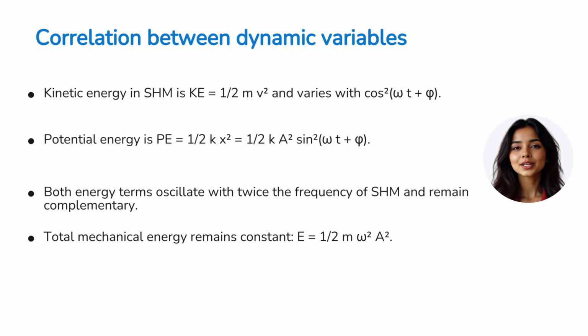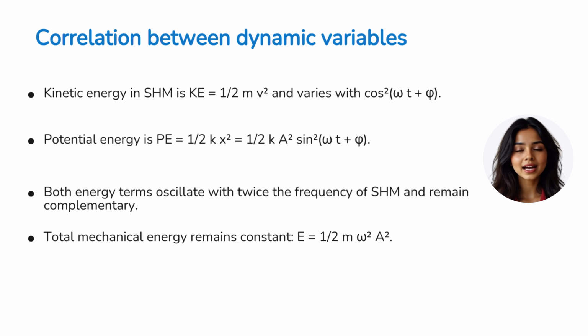When kinetic energy is at its peak, potential energy is at its minimum, and vice versa. Both energies oscillate at twice the frequency of the simple harmonic motion itself, meaning they complete two full cycles while the particle does one. Despite all this swapping, the total mechanical energy, which is the sum of kinetic and potential energies, stays constant.